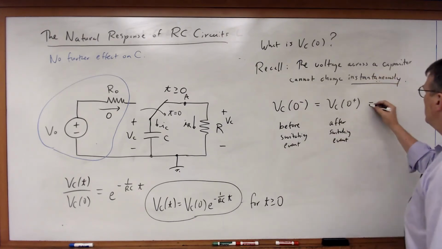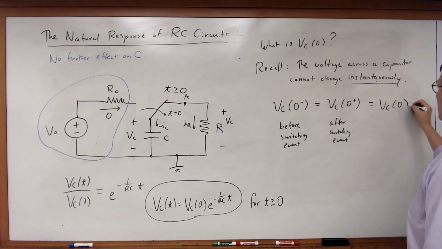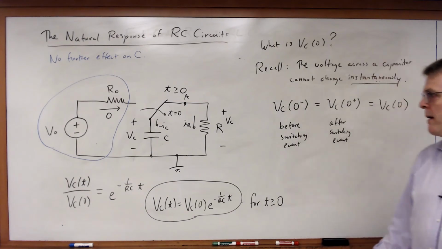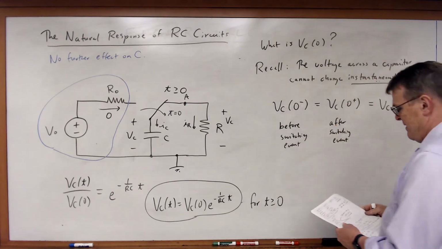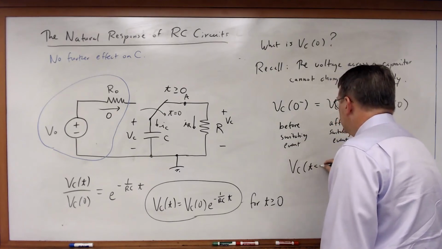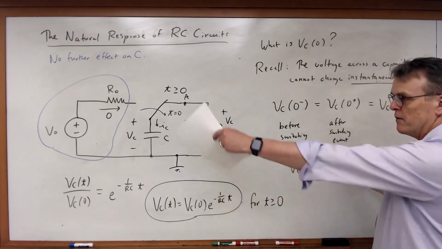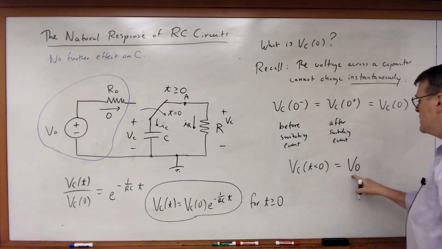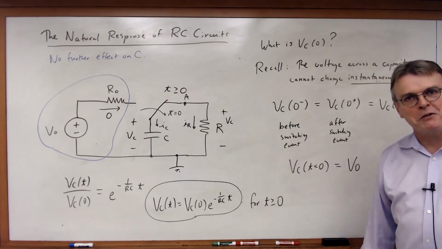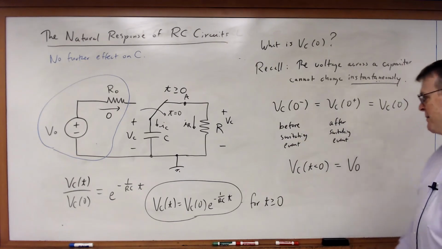And if that's true, that means that's equal to Vc(0). And recall that Vc for t less than 0, as we calculated earlier for this circuit, is equal to V0. It's equal to the initial condition that we established in the capacitor.